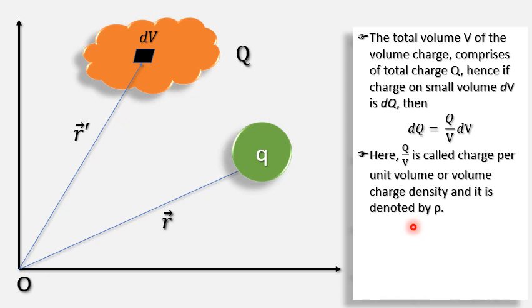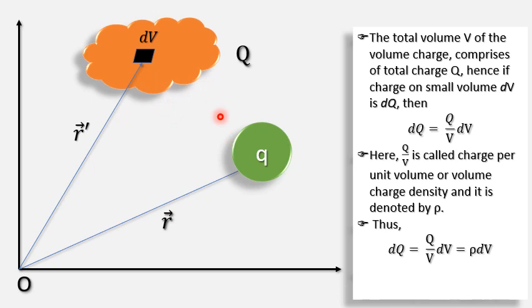So now we have dq, which can be considered as a point charge. Q is already a point charge, so we should be able to find the force between these two. First we'll find the force between dq and q, and then we'll integrate to get the force on q due to the total volume charge distribution.